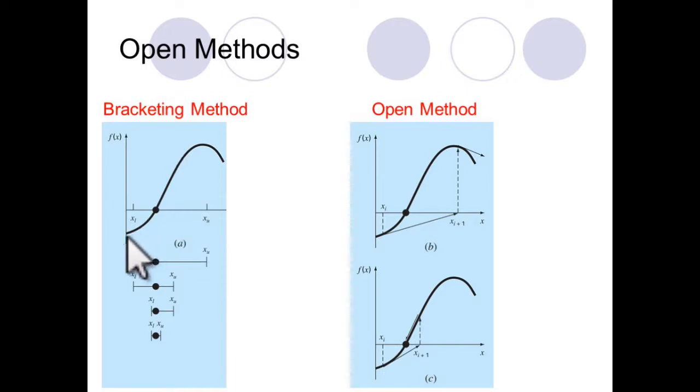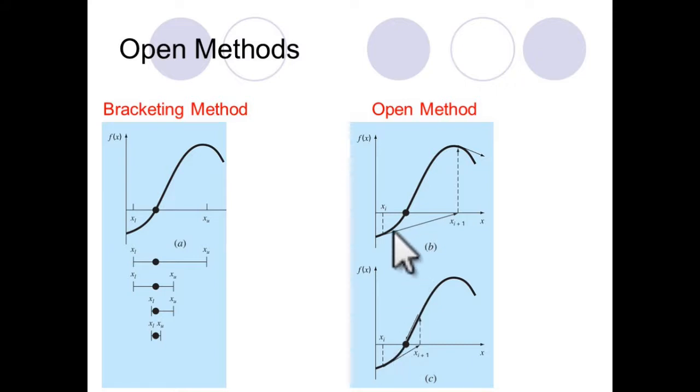In bracketing methods, we always continuously take the interval, and depending on the position of our new point, we choose one of the intervals and we continue like this until we reach the root. In case of an open method, as you see here, we choose an initial point.